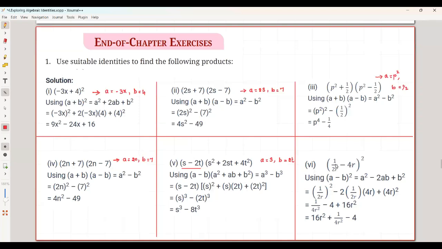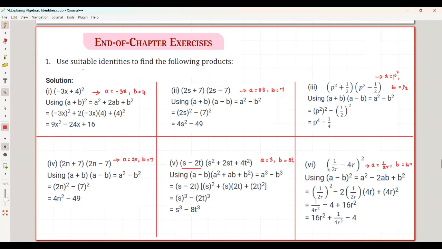Sixth one, (1 by 2r - 4r) the whole square. This is in the form of (a - b) the whole square, which you have to expand. See, a value is 1 by 2r and b value is 4r.